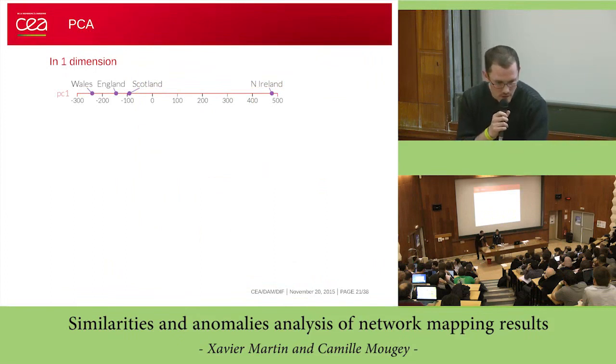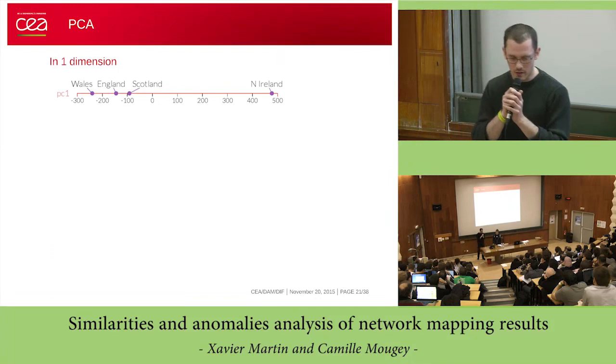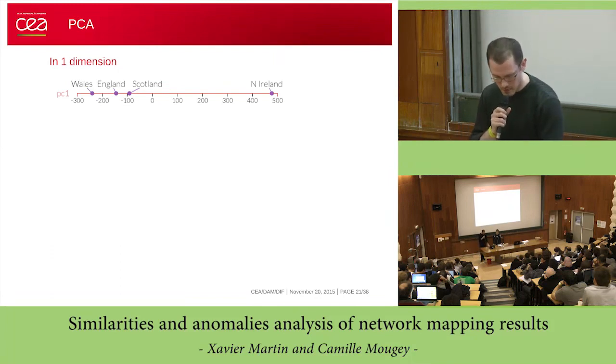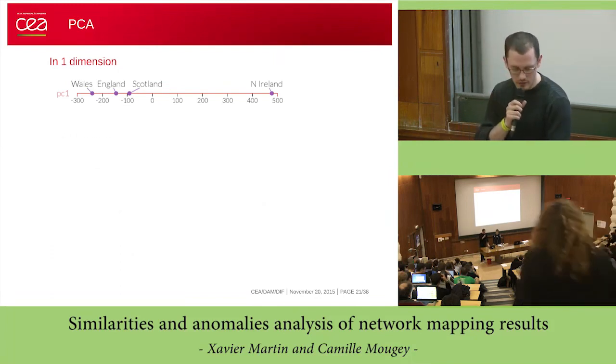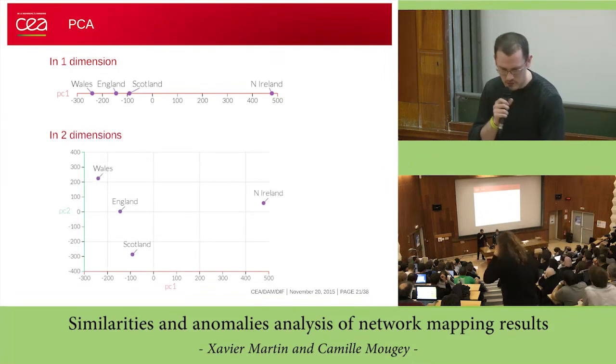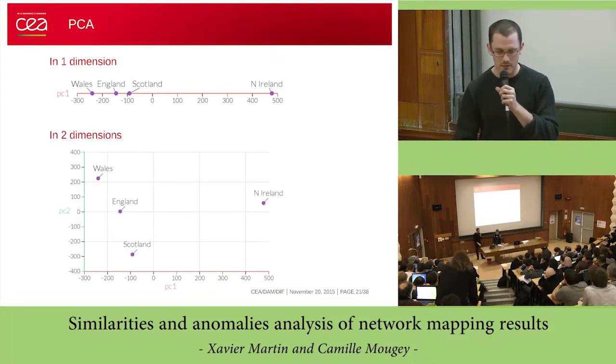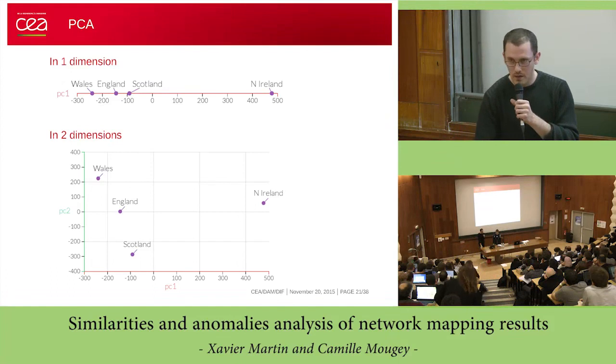You will see that Northern Ireland seems pretty different from Wales, England and Scotland. And if you do the same PCA on 2 dimensions, you get something like this. Northern Ireland is still a bit different from the others.